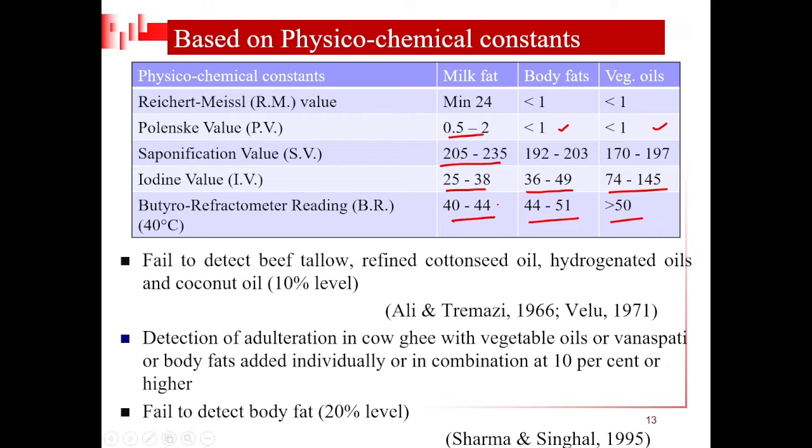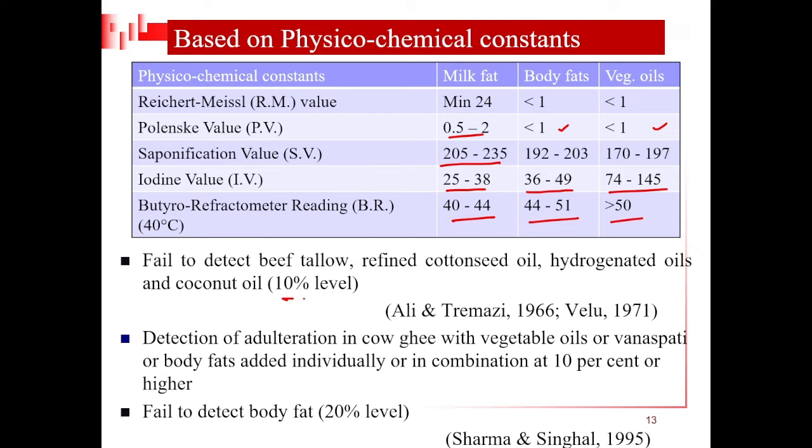So when these are added in a ratio, the adulteration becomes possible, and the values fall within the range of the physicochemical constants for the fat.